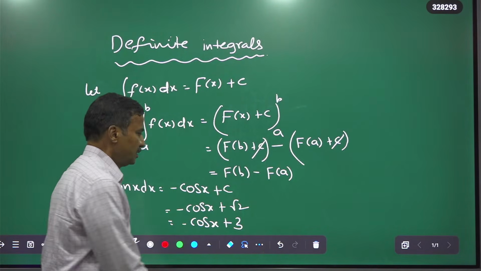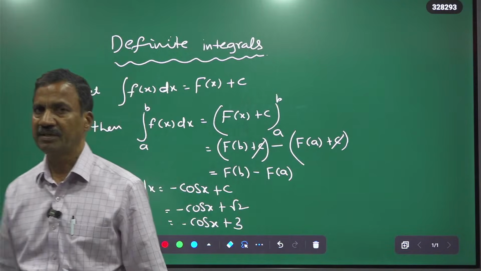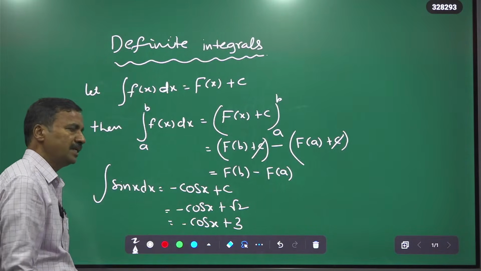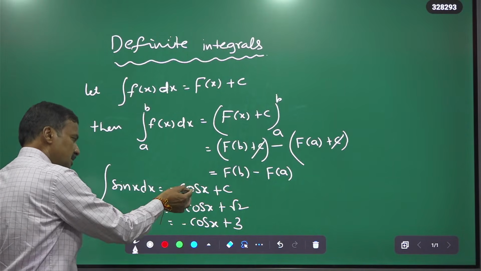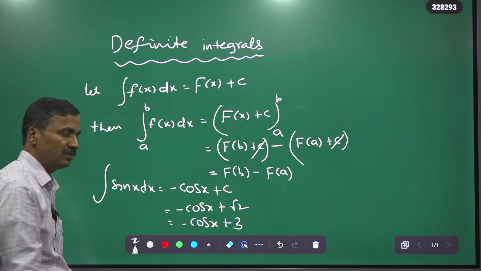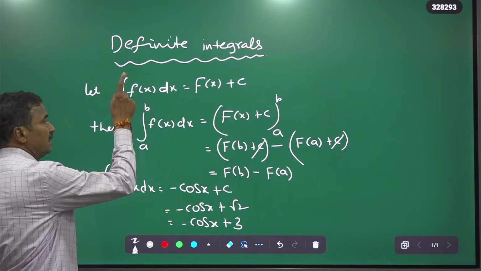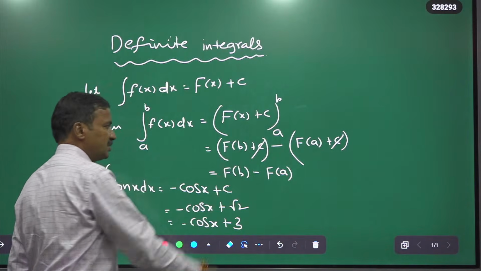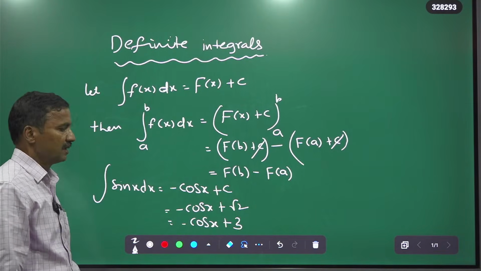These are all integrations of that function only, so it is not unique. That is the indefinite integral, because c is an arbitrary constant. Whereas in this case we are getting a fixed quantity, therefore it is called a definite integral.